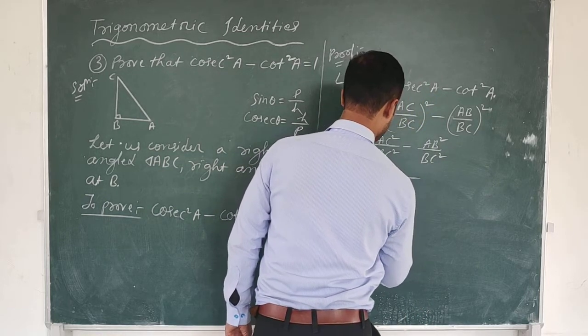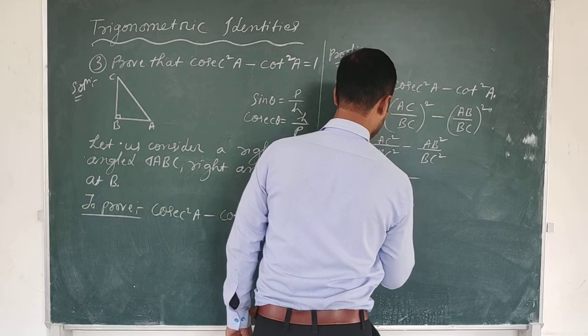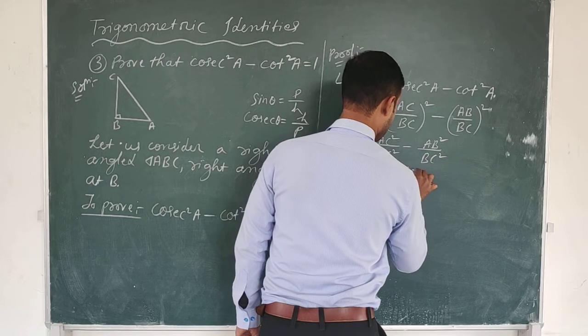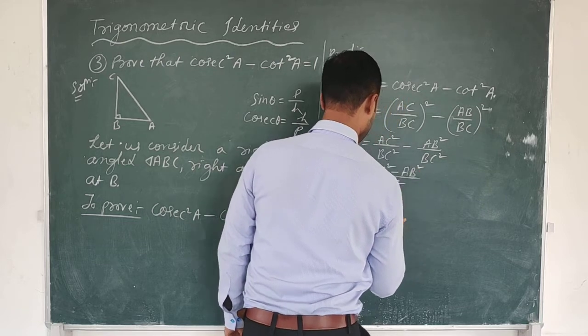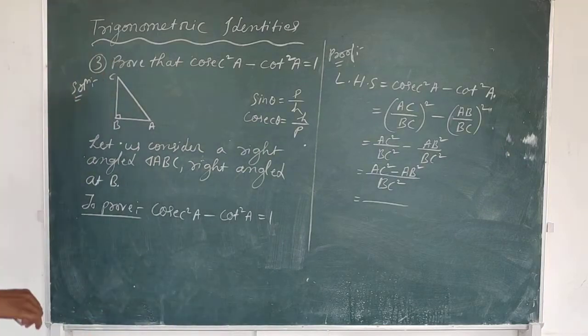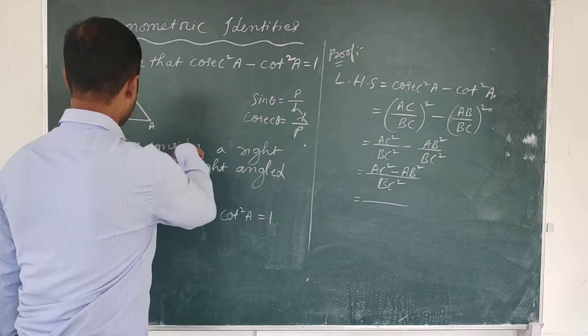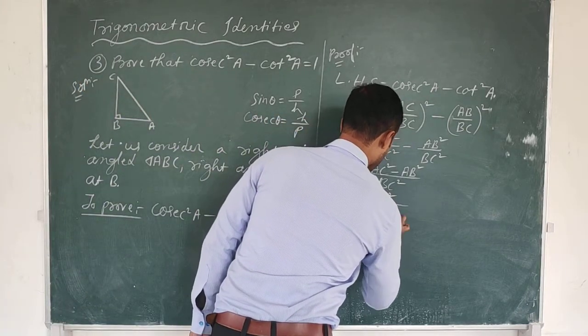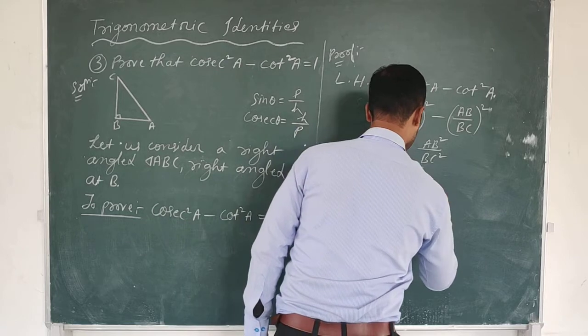So AC square minus AB square over BC square. AC square minus AB square, students, will become BC square.